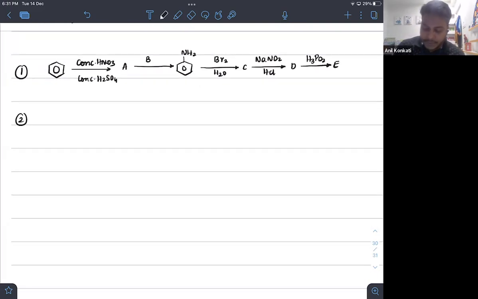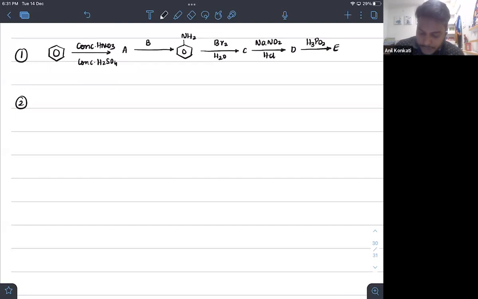Second, if you start with calcium, you react with coke.